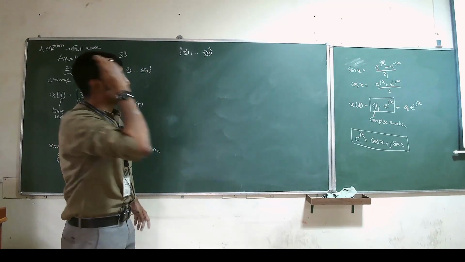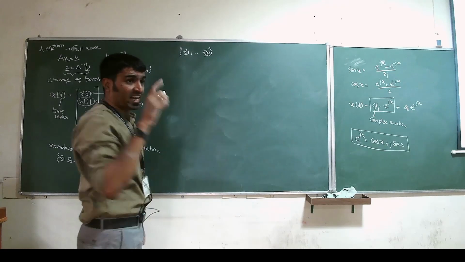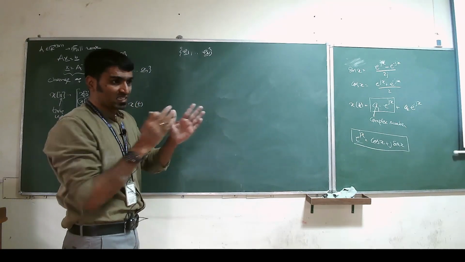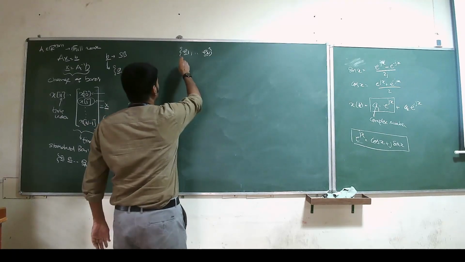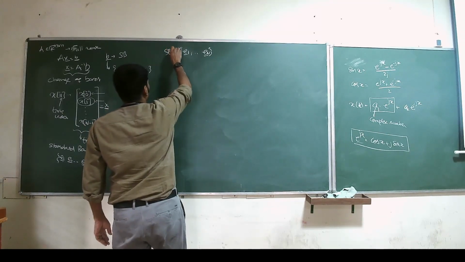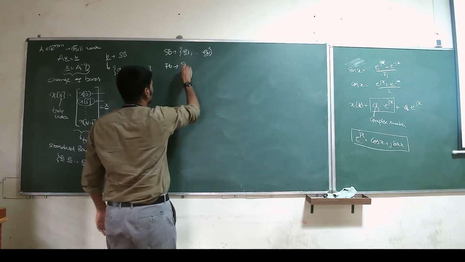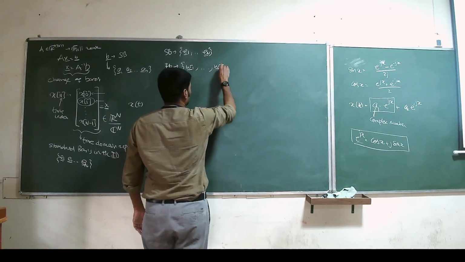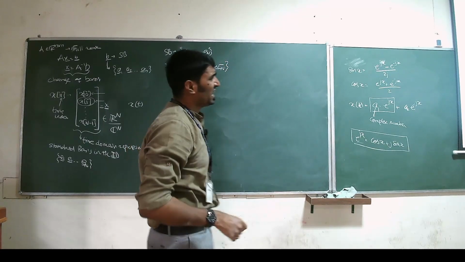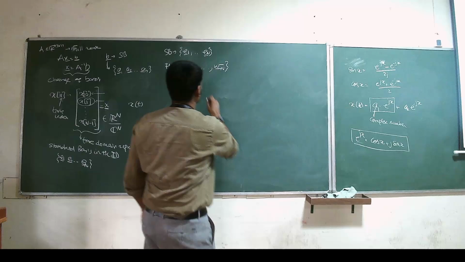For the Fourier basis, we define another set of signals. If you want to define a basis, you need n signals, and those signals have to be linearly independent. This is the standard basis. The Fourier basis is a bunch of signals W1 to Wn, and each Wk is defined according to that expression.